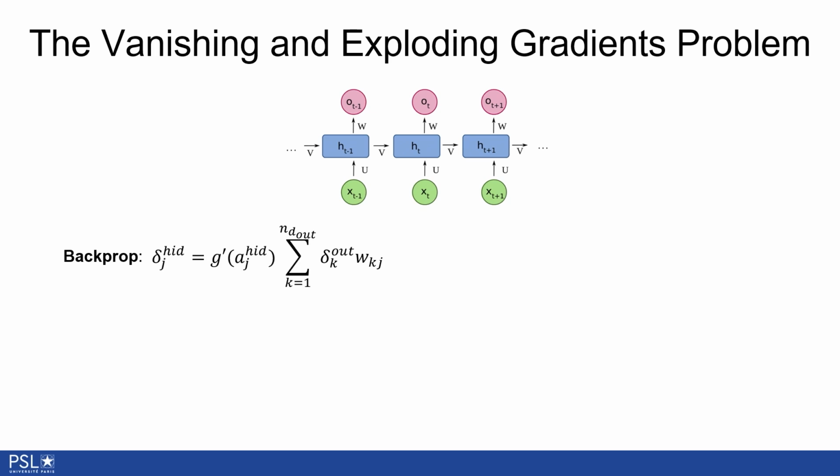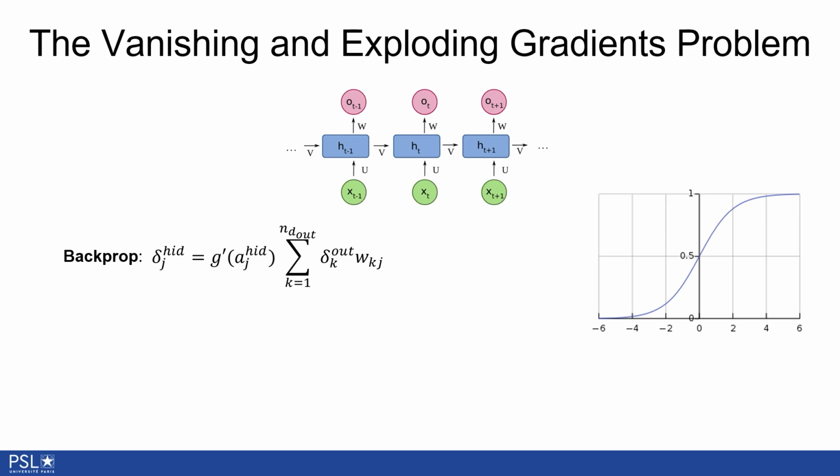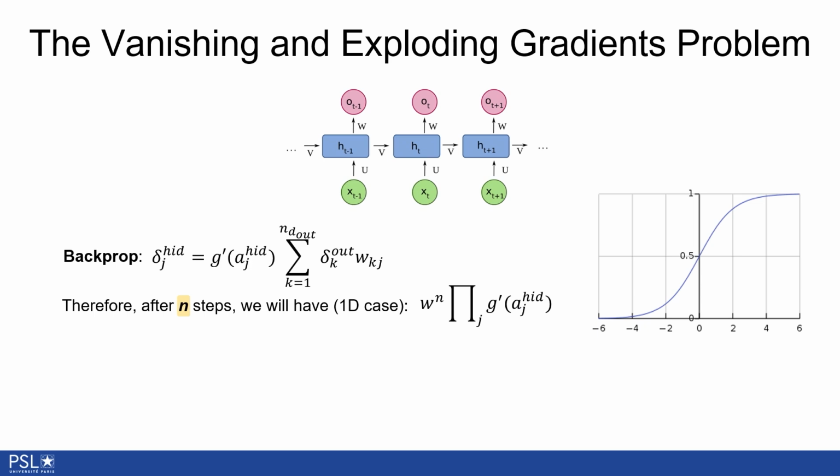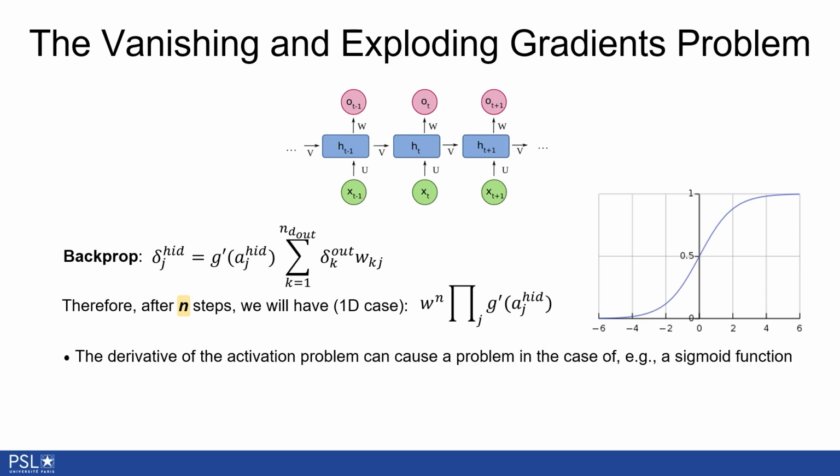This means that after backpropagating the error signal n steps into more shallow layers, the error comprises n multiplications of weight values and n multiplications of the derivative of the activation function. If the activation function is, for example, a sigmoid function, then its derivatives can often be smaller than 1. This means that the error signal would decay according to a number smaller than 1 to the power of n. This is a fast decrease that can therefore cause gradients to essentially vanish at early layers. This makes the weight update at these layers useless.